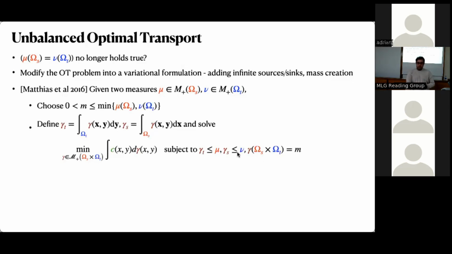The constraints are now changed to say that the marginal with respect to t just needs to be less than or equal to mu, and the marginal with respect to s just needs to be less than or equal to nu. And this coupling contains the same amount of mass as the m that you've picked above. So this formulation changes the optimal transport constraints to constraints that are a bit more relaxed, where now these marginals don't need to match exactly. But as long as an amount m of mass has moved from mu to nu using this coupling, as long as the coupling's marginals sum to m, you're fine, right?